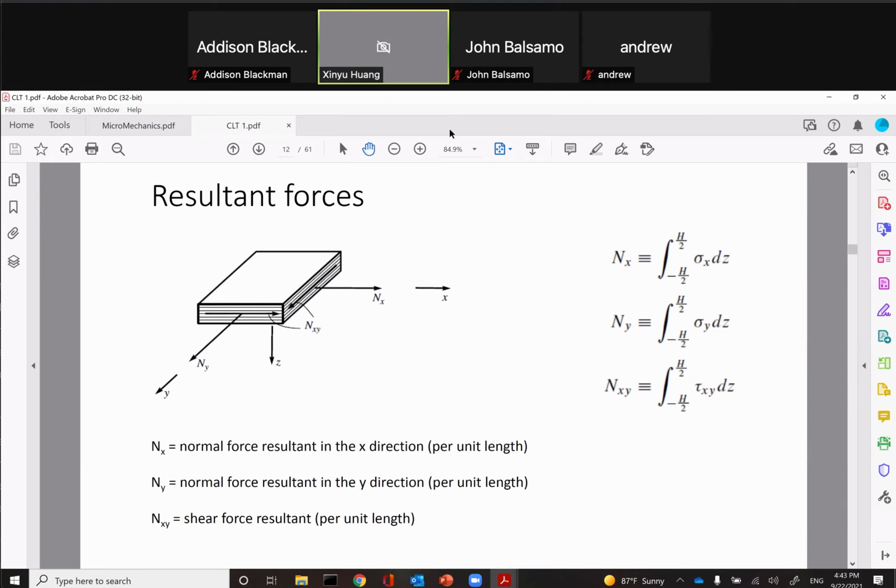Okay. Now let's figure out what the unit of nx and ny will be. If you look at the equation, what will be the units of nx and ny? Now you know the unit of sigma x, do you? What is the unit of sigma x? That's a stress. Pascals is force per area. Now, what do you say nx is? Is nx force?